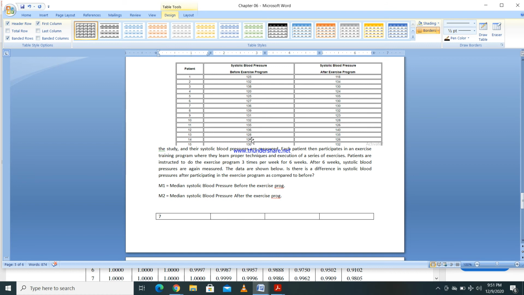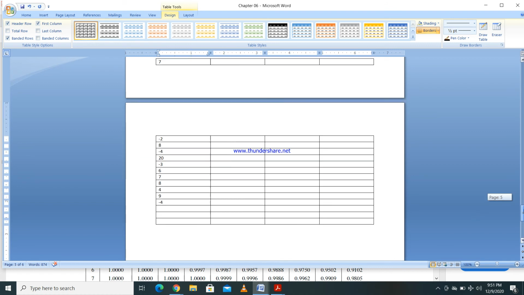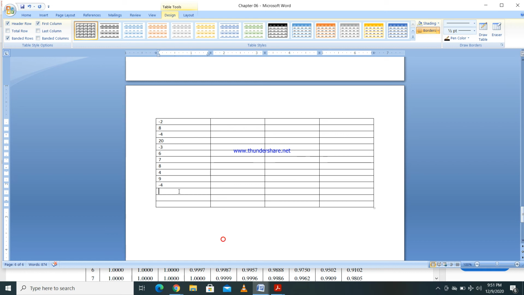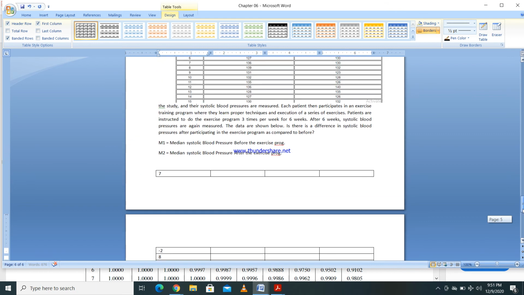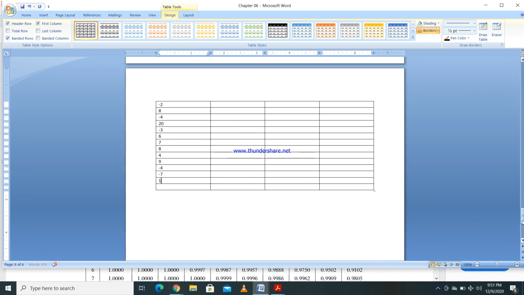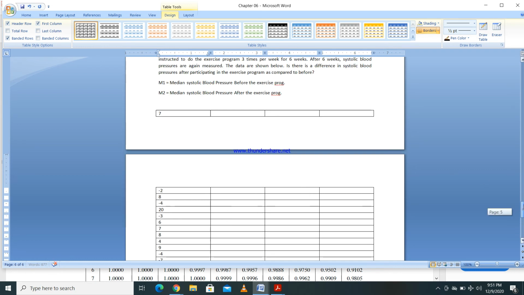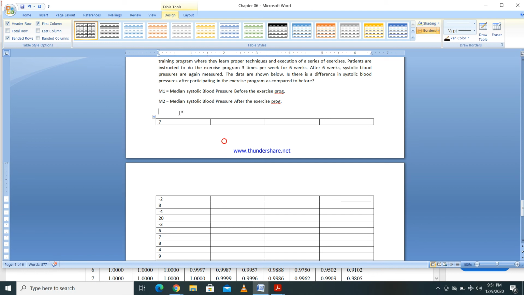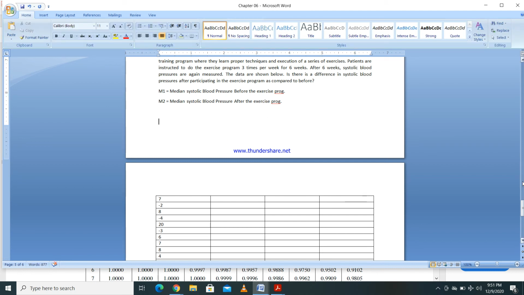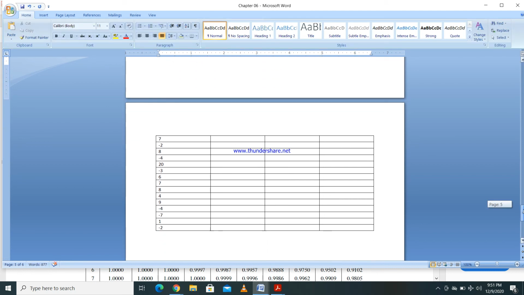And 127 minus 126, that is plus 1. Minus 7 and plus 1. And the last value we have 130 minus 132, that is minus 2. So likewise you take the difference of the two observations.